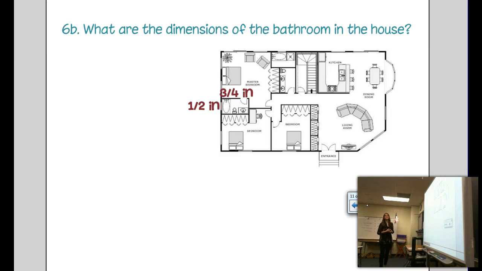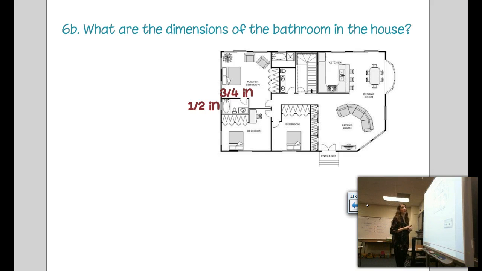Okay, now let's actually find, here's the little drawing. The bathroom is 3/4 inch by 1/2 inch. And we want to know how big the real bathroom is in the real house. Now you can A, use the scale factor, or B, use a proportion. What do y'all want to do? Proportion? Scale factor? Scale factor.